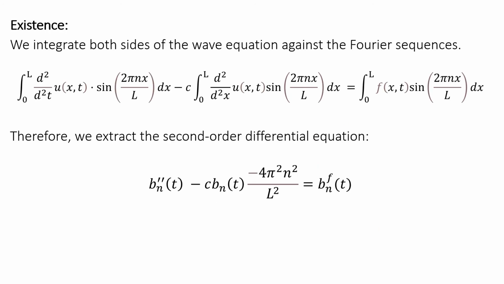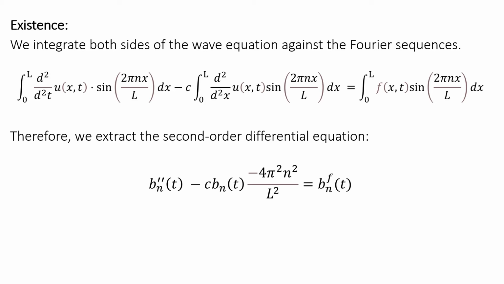We integrate both sides of the wave equation with the Fourier sine modes in order to extract a relationship between the coefficients. So for some index n, let's take a look at the integral from 0 to L of the second time derivative of u(x,t) times sine(2πnx/L) dx minus c times the integral from 0 to L of the second x derivative of u(x,t) times sine(2πnx/L) dx, and we know that equals the integral from 0 to L of f(x,t) times sine(2πnx/L) dx.